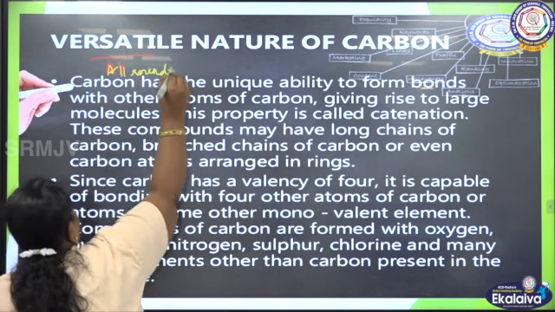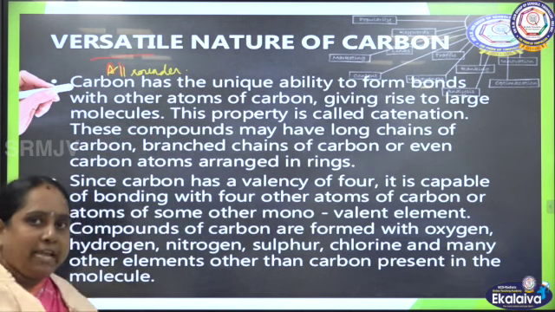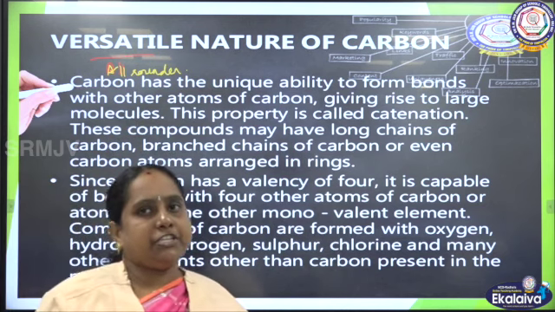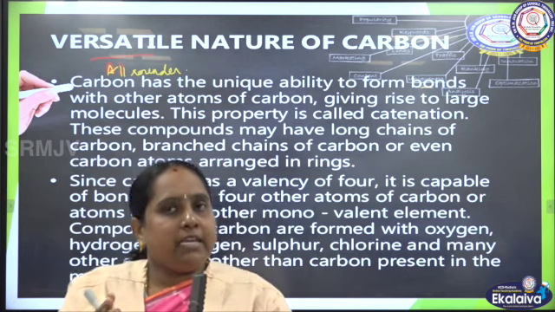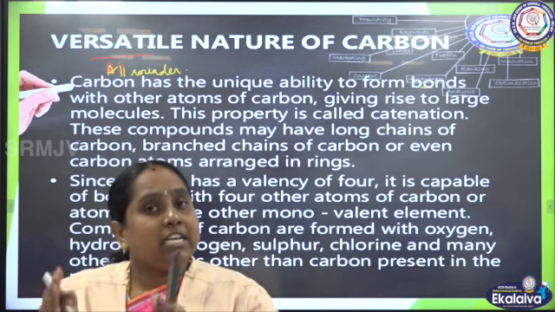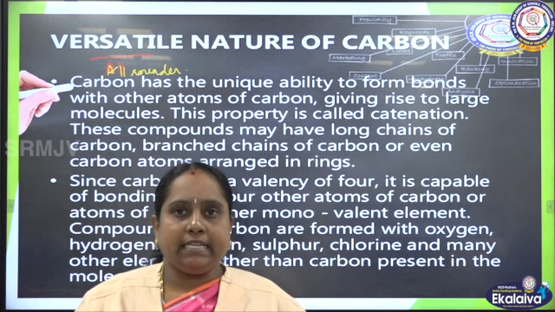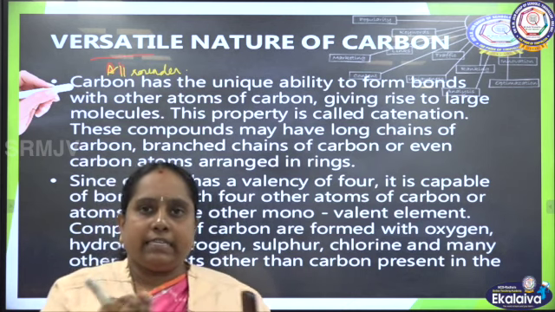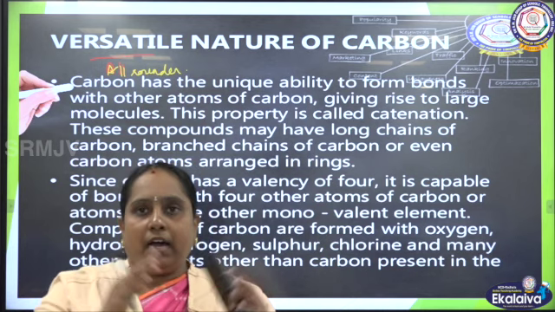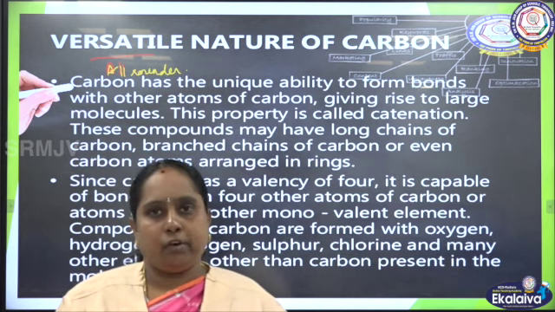If you take some elements like sodium and potassium, specifically they act as metals. If you take some elements like oxygen and nitrogen, specifically they show non-metallic characters. But carbon, as it cannot donate or gain electrons, plays a number of roles in forming compounds.